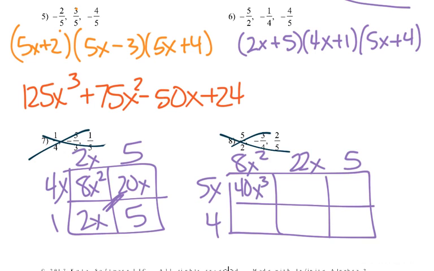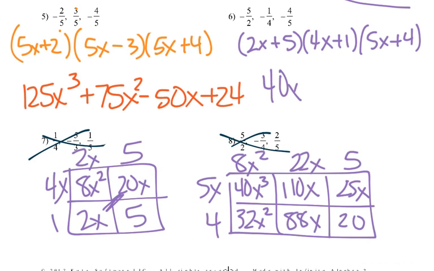So 40x cubed, 5 times 22 would be 110x, and then 25x, then 32x squared, 88x, and 20. So I get 40x cubed, oh, that's an x squared, isn't it? Plus 142x squared, plus 113x, plus 20.